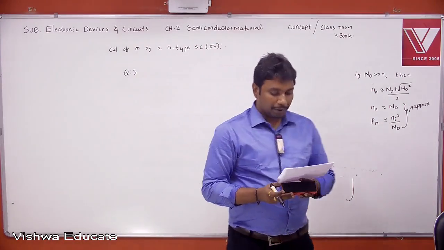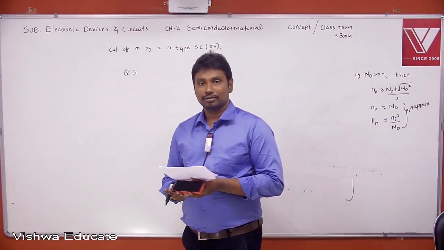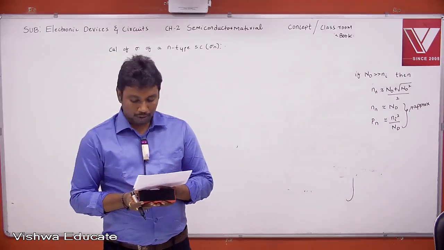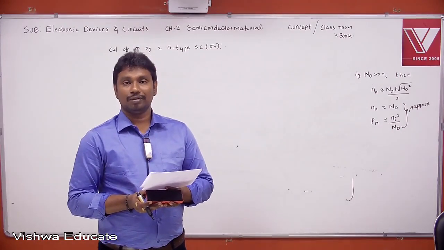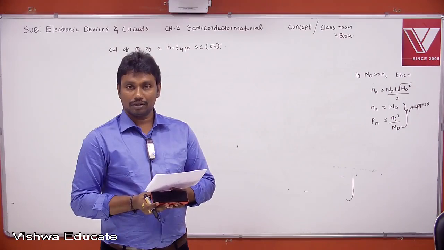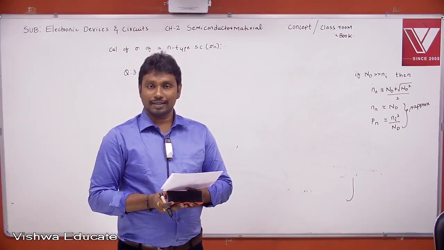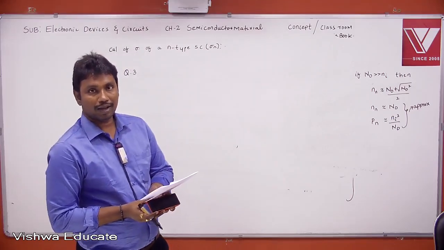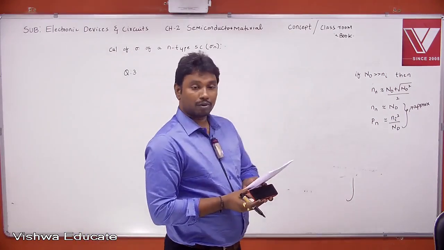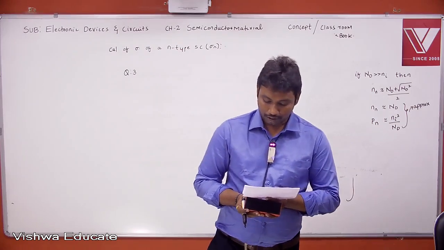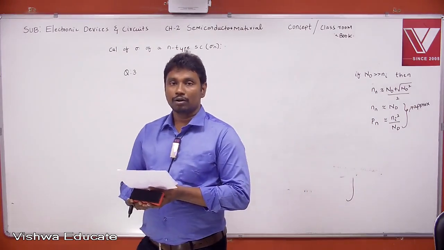Write the question. A pure silicon sample is doped with phosphorus to the extent of 1 out of 10 power 6.